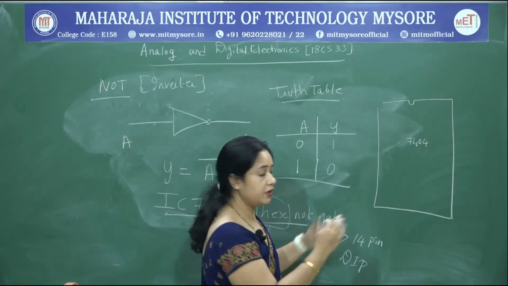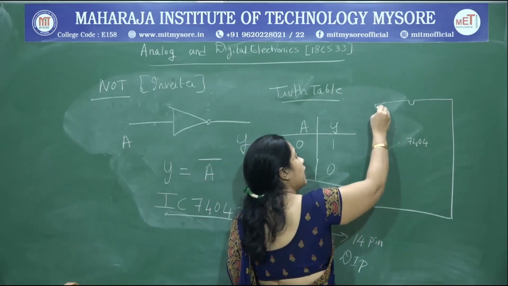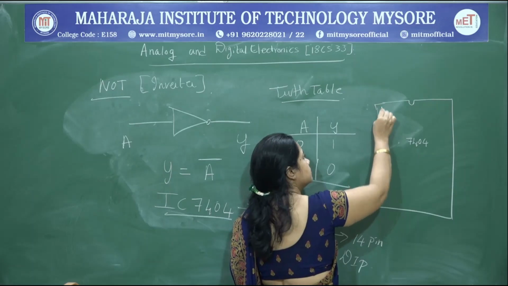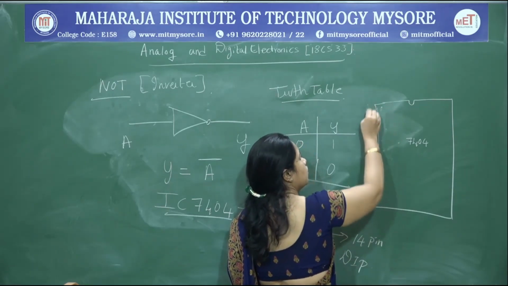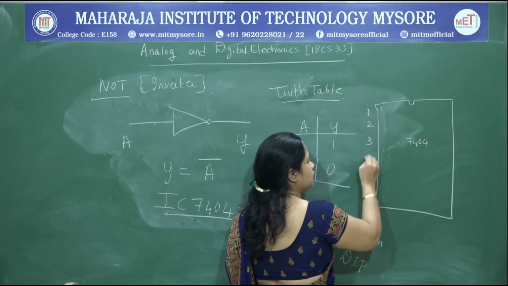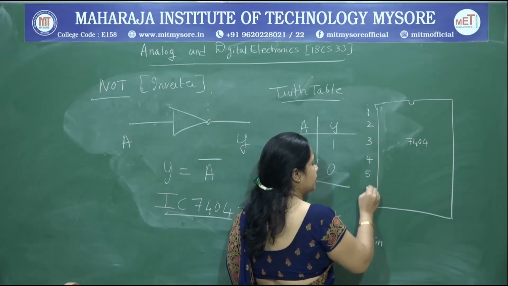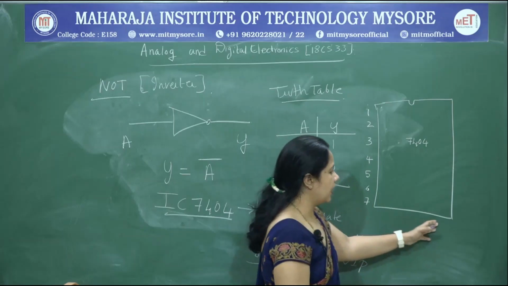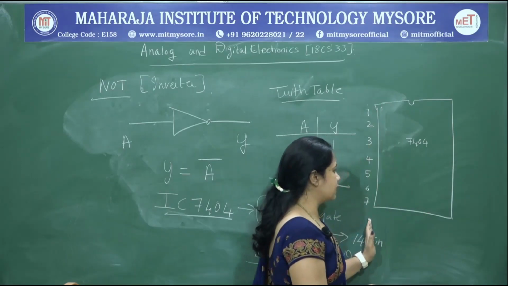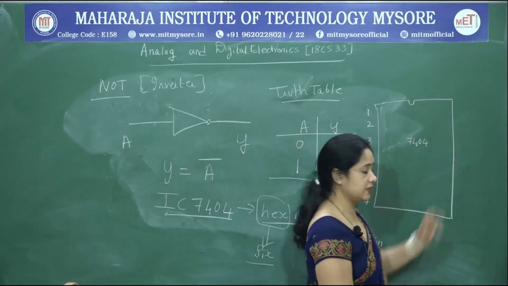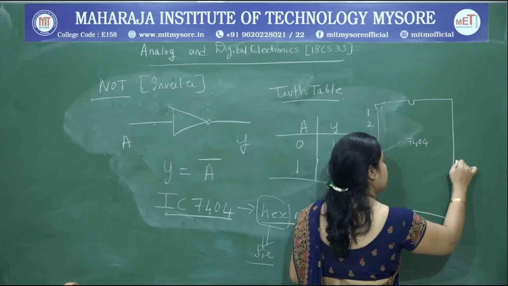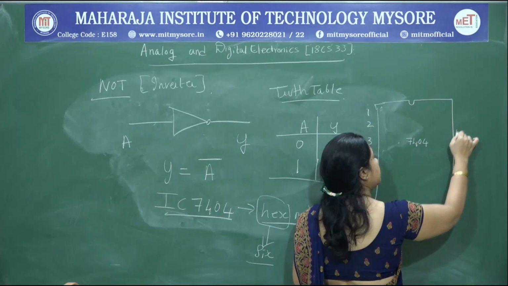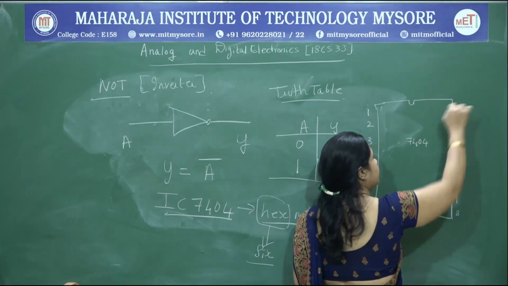When I say 14 pin dual inline package, we have pin numbers 1, 2, 3, 4, 5, 6 and 7 along this line and the other 7 pins along this line: 8, 9, 10, 11, 12, 13 and 14.